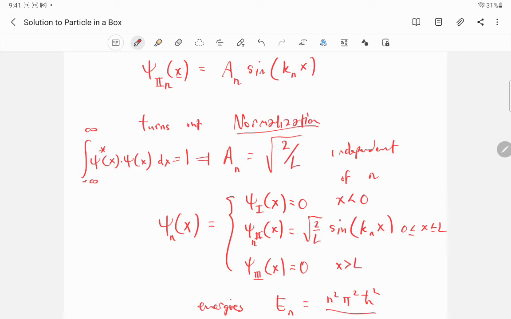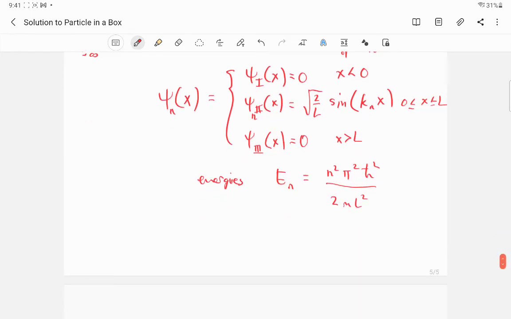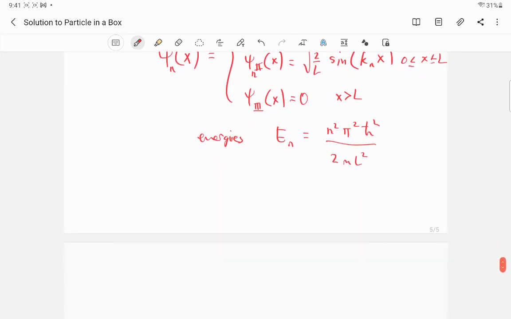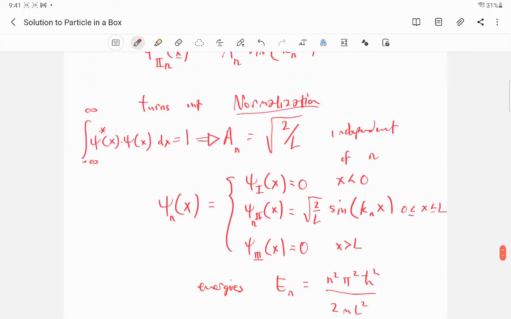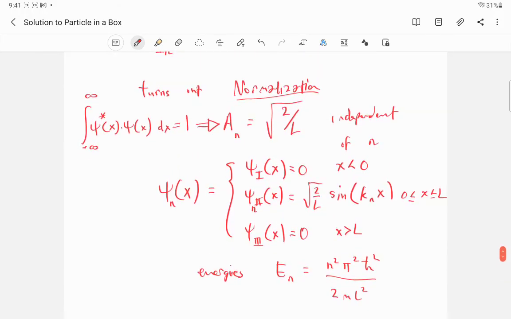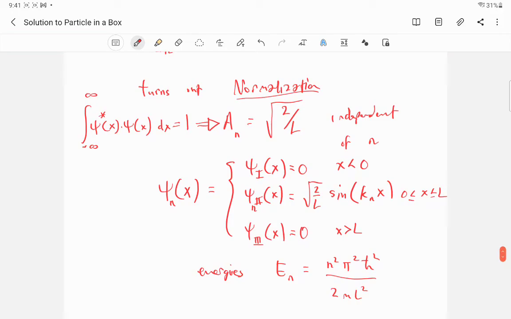That will give you this normalization constant. That's just a straightforward integration problem, so I'm going to leave it to you, or you could ask me about it if you're in my class. You could also read about it in a book. It's sort of just a 2-line thing to do. It's very instructive to do it, actually.